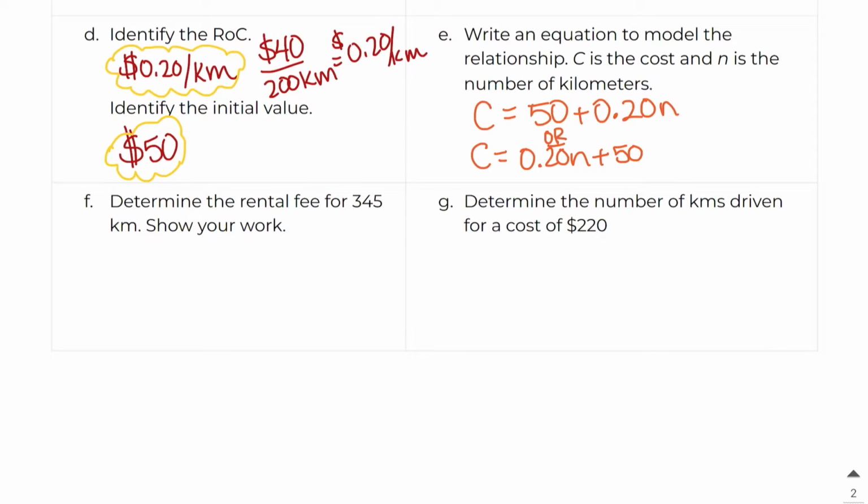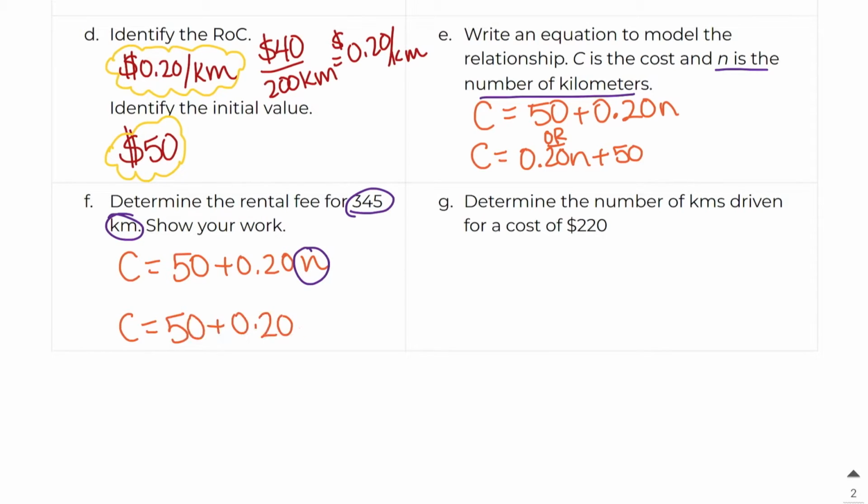So here we are told that N is the number of kilometers. So what we would do is write down our equation. And because N represents the number of kilometers and we're told it's 345 kilometers, we can replace that N with 345. So this would say C equals. Notice how I replace that N with 345, okay? So now I can go ahead and figure out what C is equal to. The first thing I would need to do is identify what 0.20 times 345 is.